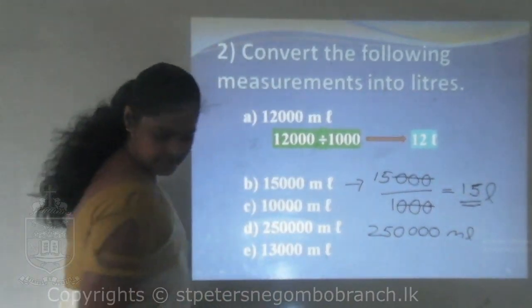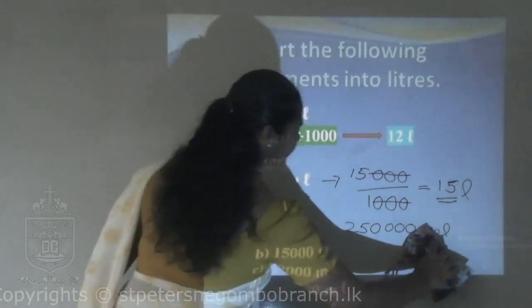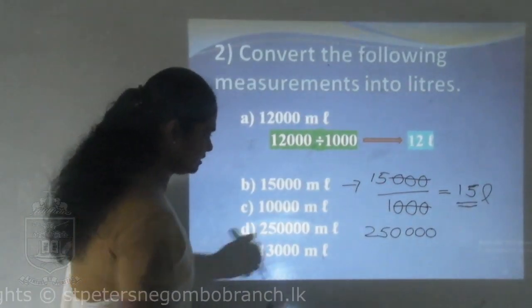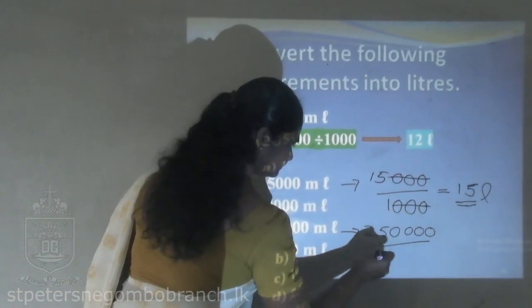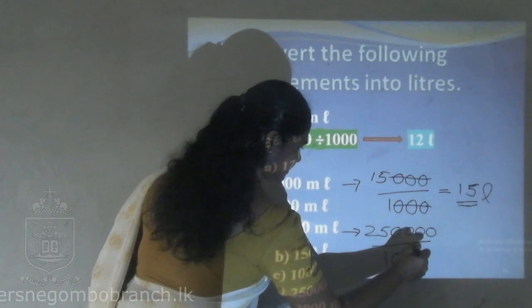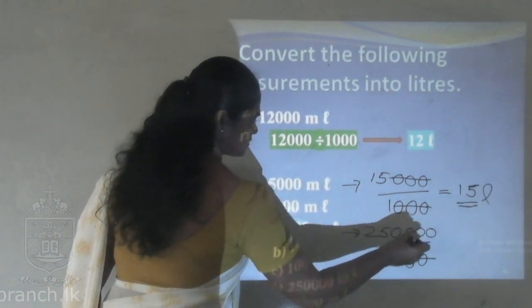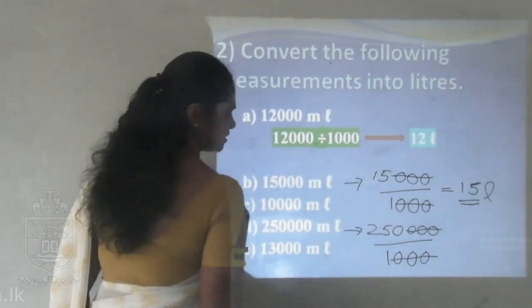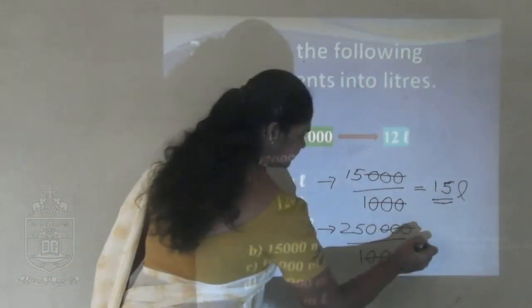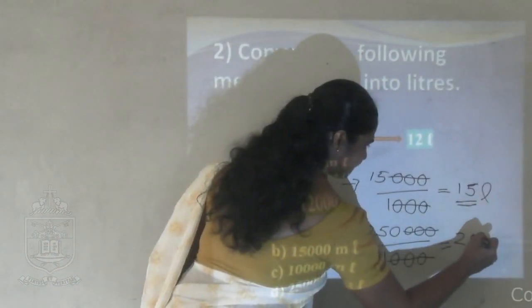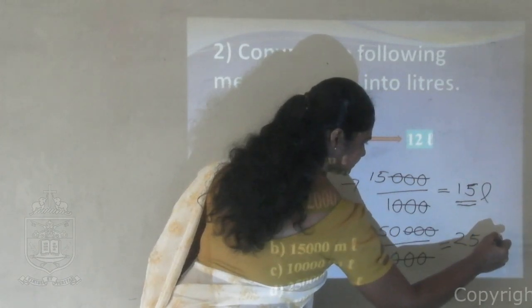Right? To convert that into liters, you are going to divide by 1000. Here there are 3 zeros below. So 3 zeros and 3 zeros cancel out. You get 250. What are these? Liters.